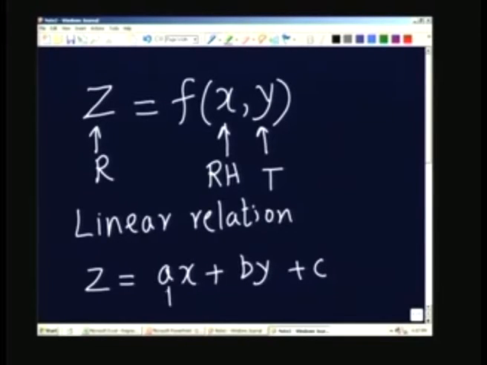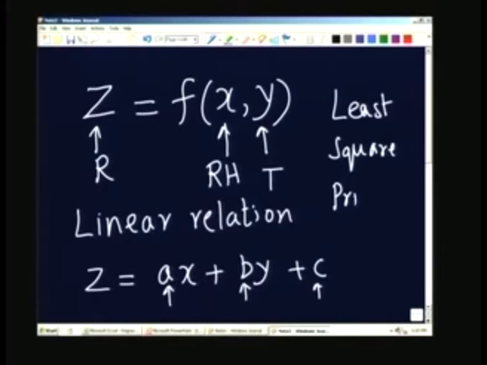There are three parameters a, b and c, and the regression model will have to obtain the three parameters by using the same principle which we have used earlier, the least squares principle.